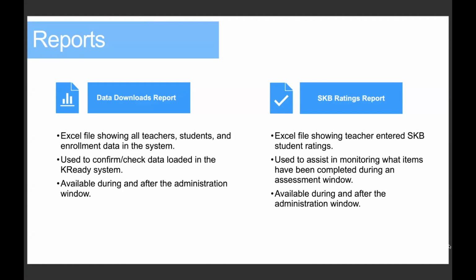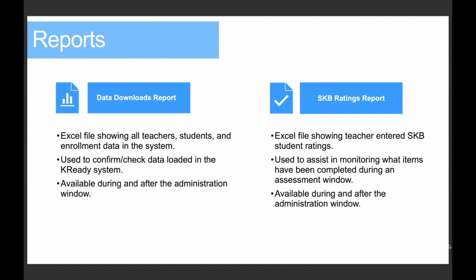So this is really good for you as a data manager to check and confirm what has been added to the system. It's more of a managerial report to make sure you're up to date on what everything is. Now, this report is available both during and after the administrative window.